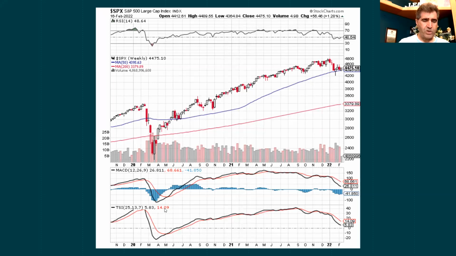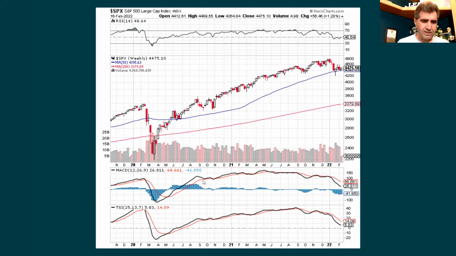But to have a real, complete confirmation, you can see once we crossed the 0 line in the MACD, we crossed the 200-bar moving average, in this case the 200-week moving average, and the signal line crossed the TSI line. Right around here is a true confirmation, and you would have stayed with it for quite some time.